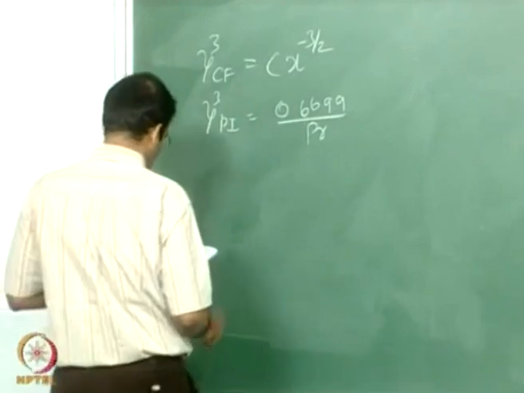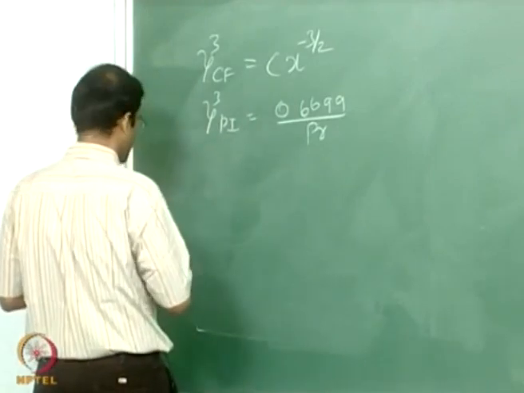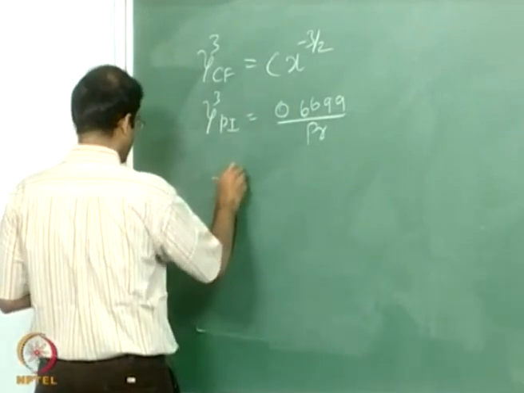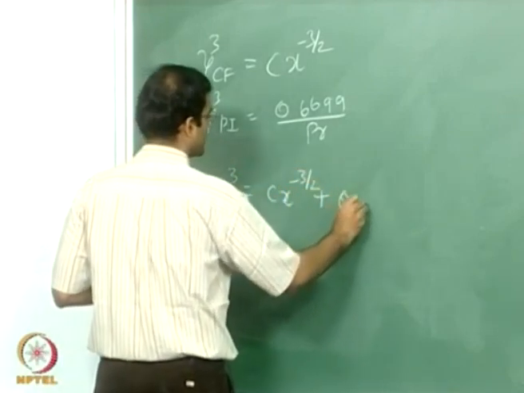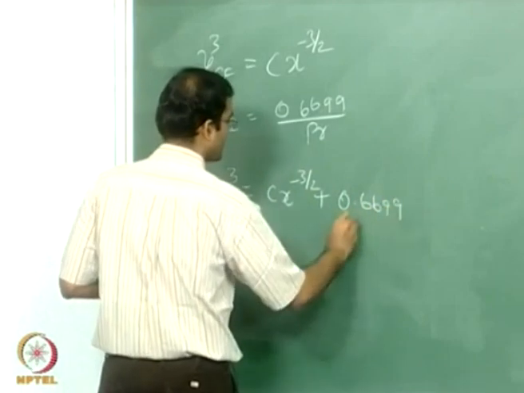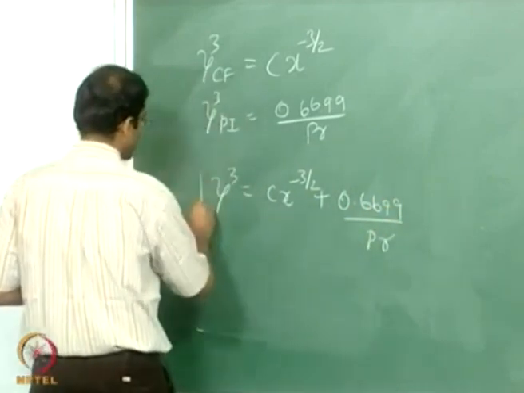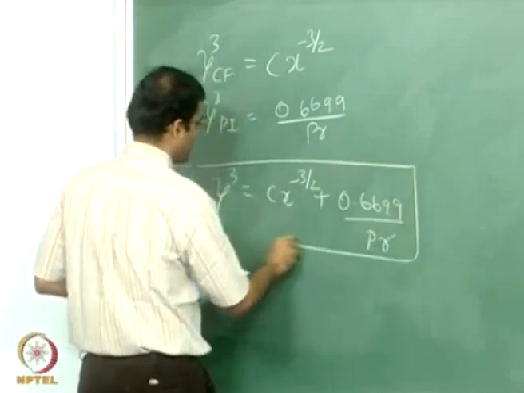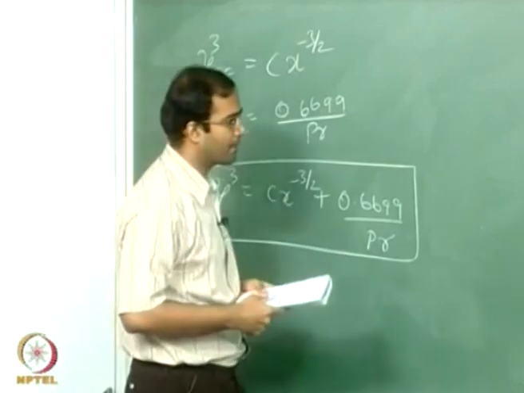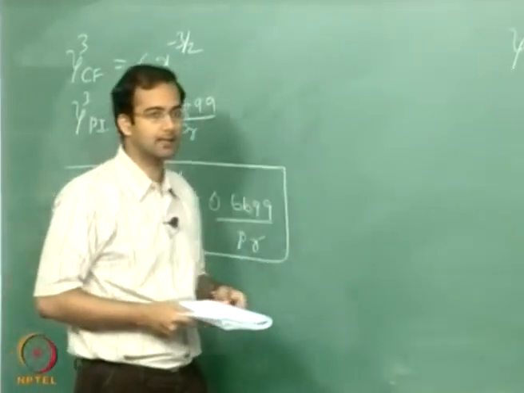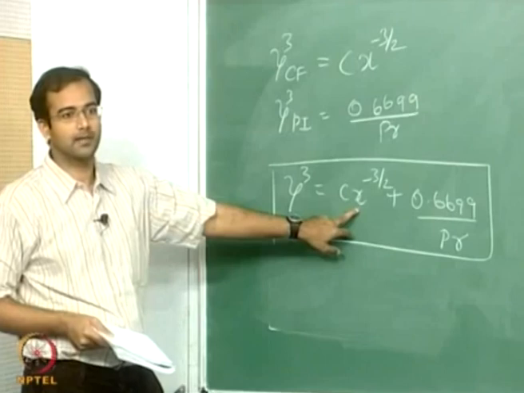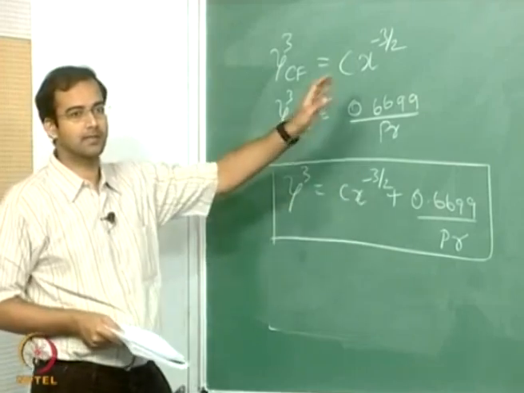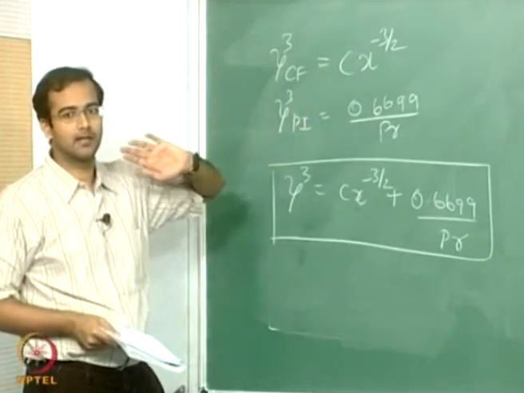From this, your final solution will be zeta cube equals C x power minus 3 by 2 plus 0.6699 by PR. So this is your final solution. Now if you had an unheated starting length, you could have substituted zeta equal to 0 at x equal to x naught, but for the present case we will assume that it is heated right from the beginning.